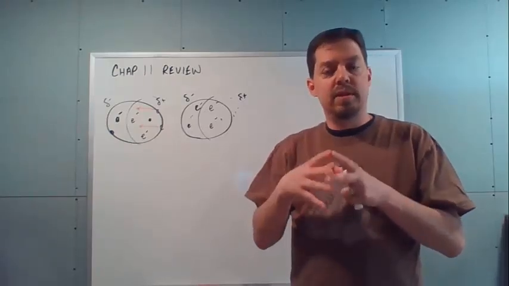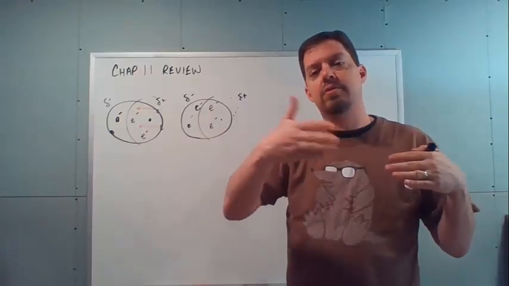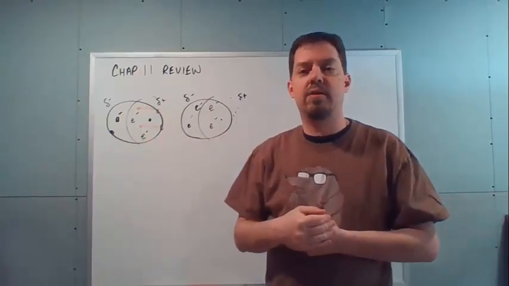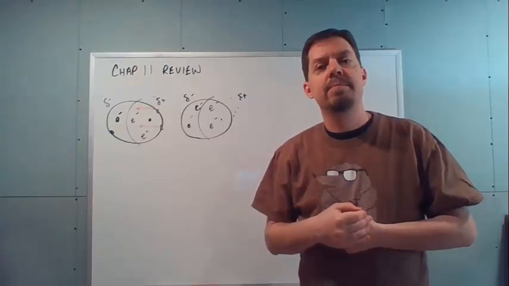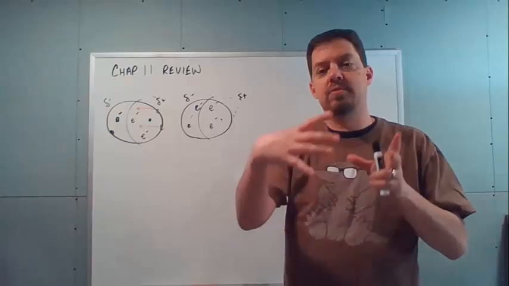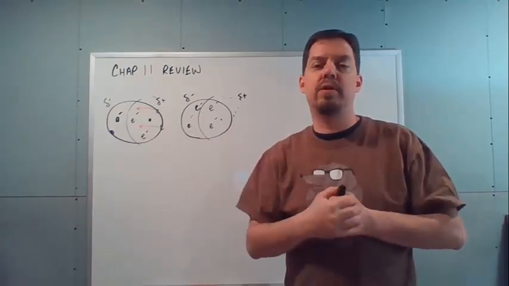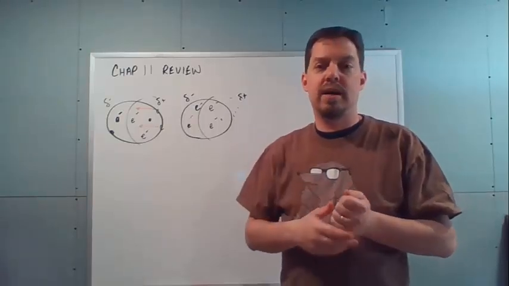So the two things that you want to look for with dispersion forces is how big is the molecule, so how many points do you have on the molecule to create dispersion forces. And the other thing that you want to look for is, if you're dealing with an individual atom as part of the molecule and you're comparing two molecules, you want to look at the size of the atom.